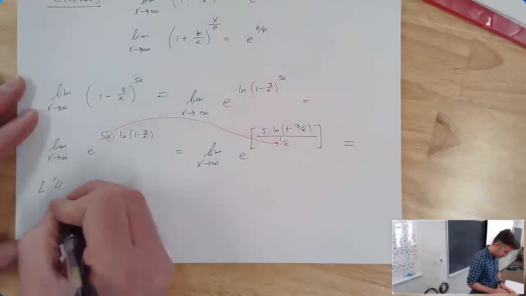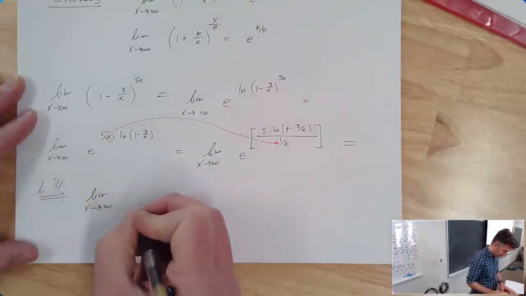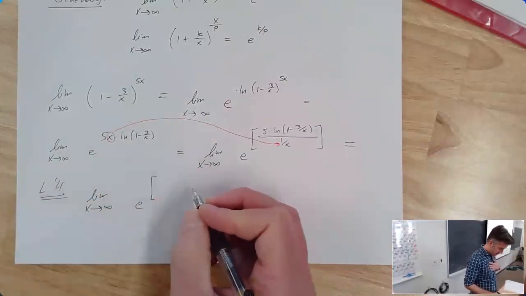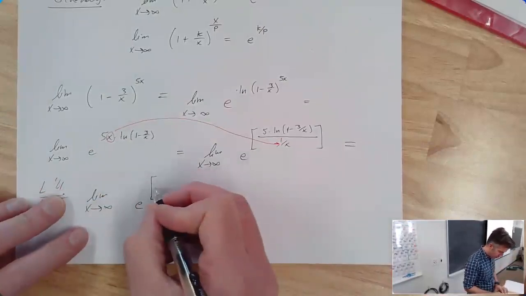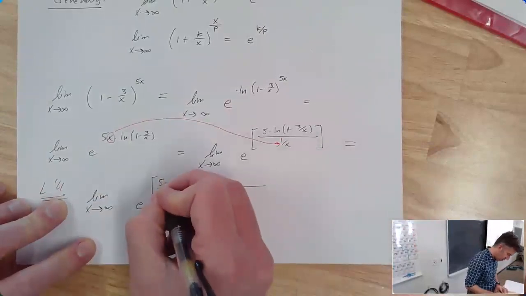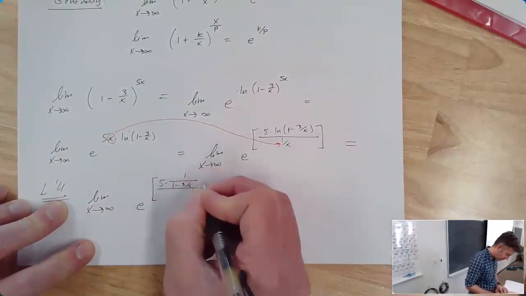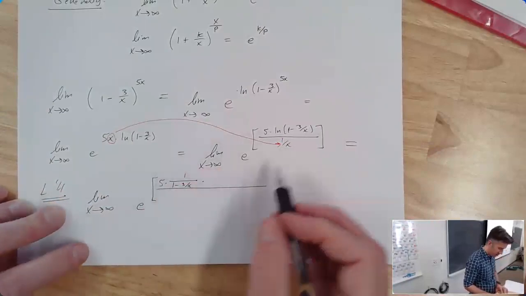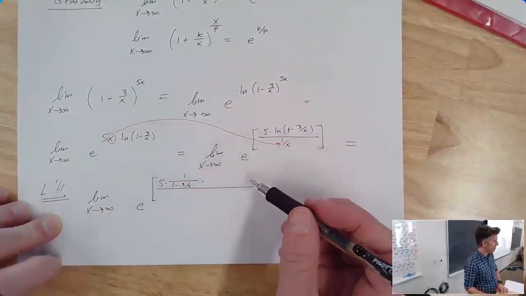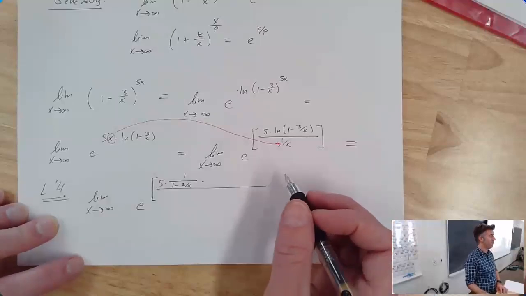So we're going to get the limit as x goes to infinity of e to the, all right, same stuff as before. Excuse me. The derivative of 5 times natural log of 1 minus 3 over x is going to be 5 times 1 over the stuff times the derivative of the stuff. Okay, the derivative of 1 is 0. The derivative of negative 3 over x is just negative 3 times the derivative of 1 over x. And the derivative of 1 over x we've done 4 times already.